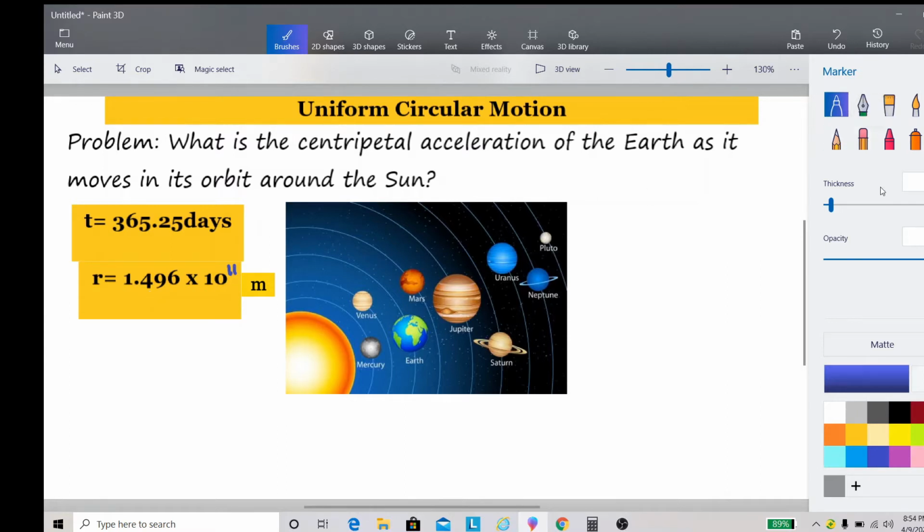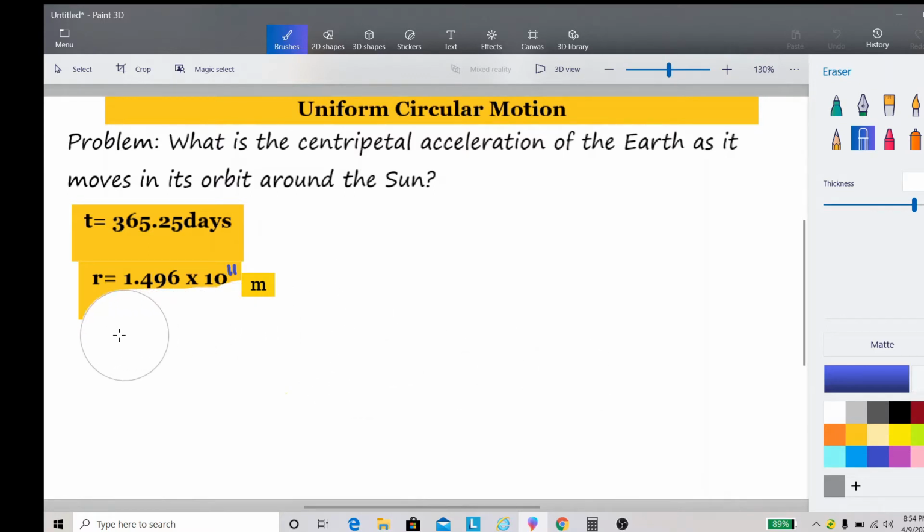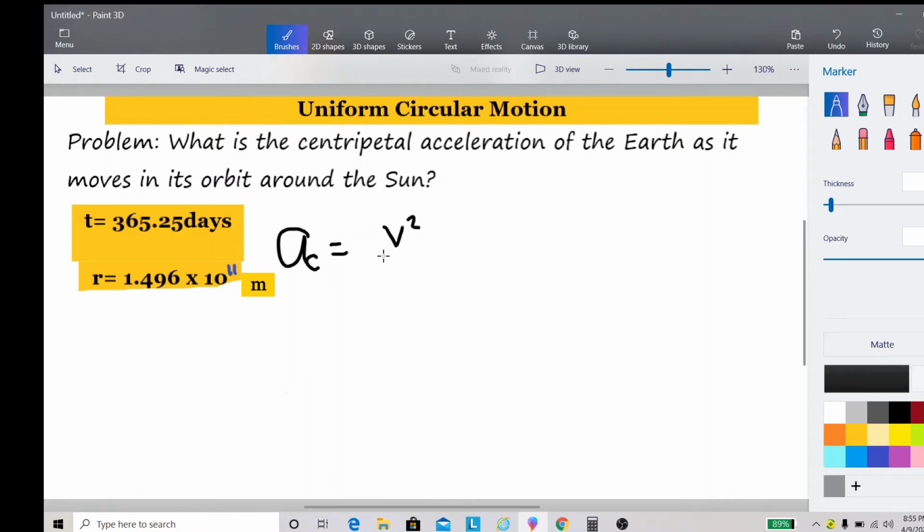Let us erase this now, and we are going to solve this problem. The centripetal acceleration is equal to v squared over r.